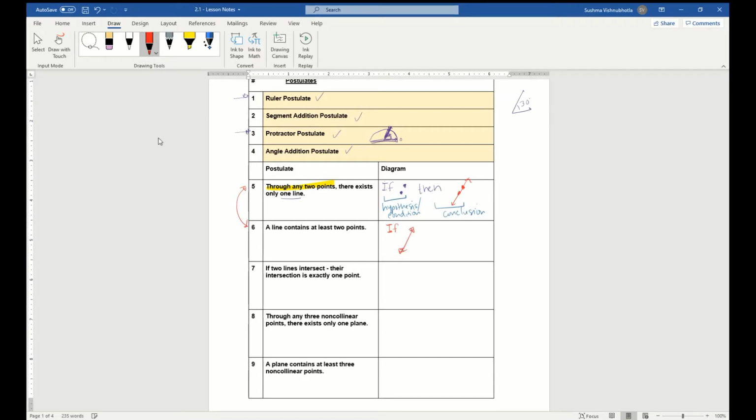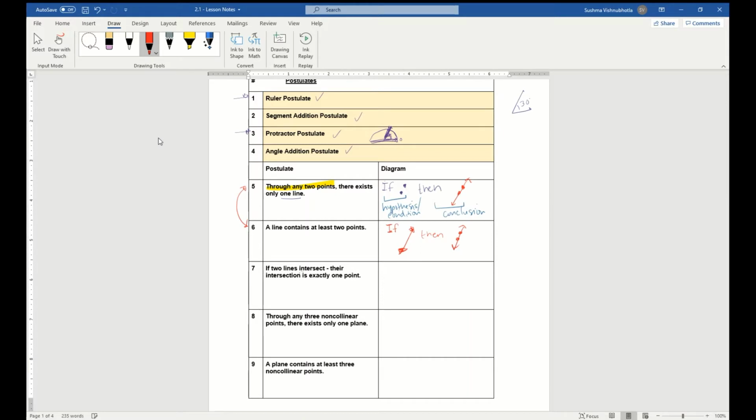So if I have a line, then I can conclude that that line has at least 2 points. Not exactly, at least. So 5 and 6 are close, but really our condition, what we're starting with, is different.